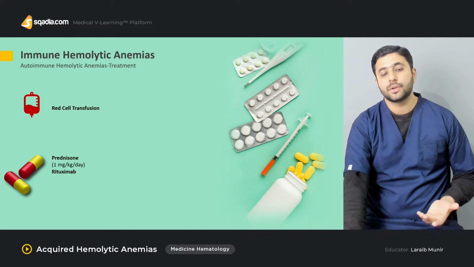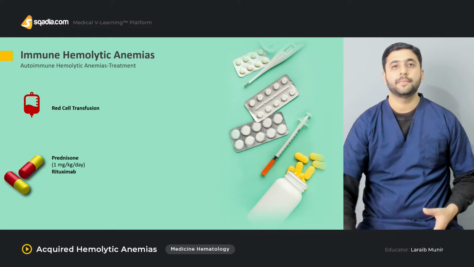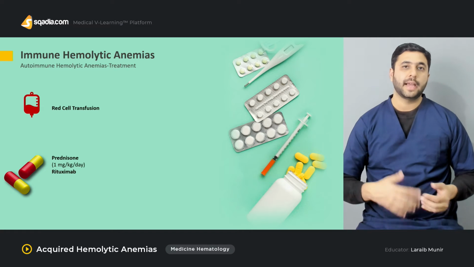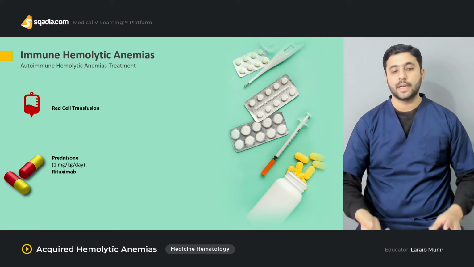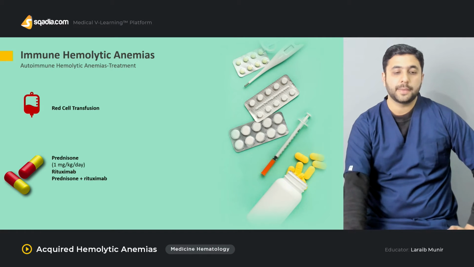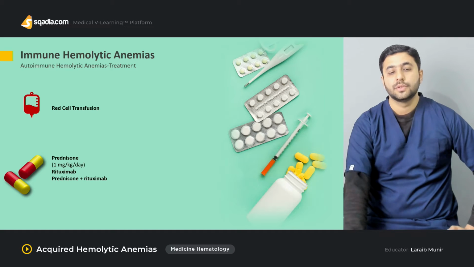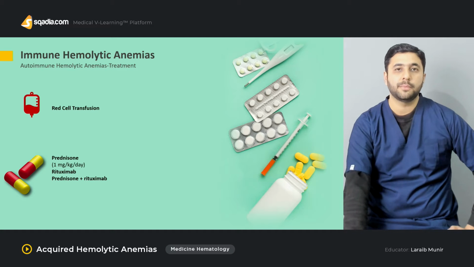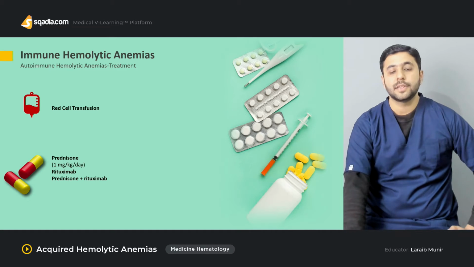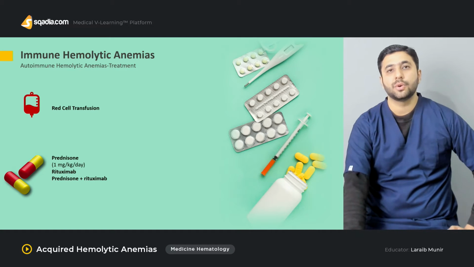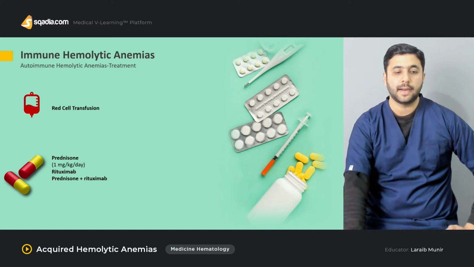We have also tried rituximab, another anti-immunological drug, and it has shown very good results. Rituximab is a monoclonal antibody basically against the CD20 cells. This rituximab and prednisone combination is now generally the mainstay of treatment for immune hemolytic anemias, and it essentially controls the symptoms of the patient over a large period of time and on a large scale.